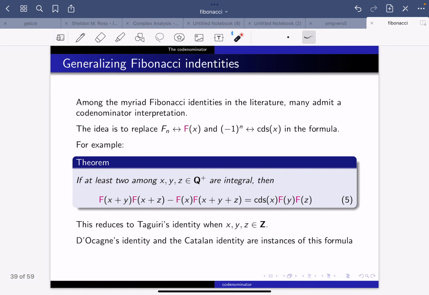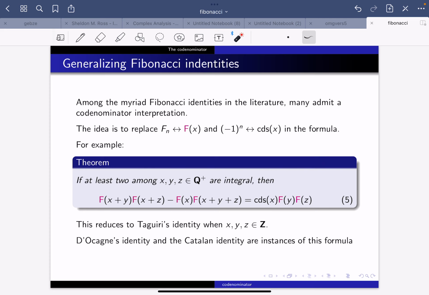When x, y, and z are all integral, then this is the usual Tagiuri identity. And moreover, by further specializing this formula, we obtain Docaine's identity and the Catalan identity. So this is a generalization of the Tagiuri identity to the conominator function.